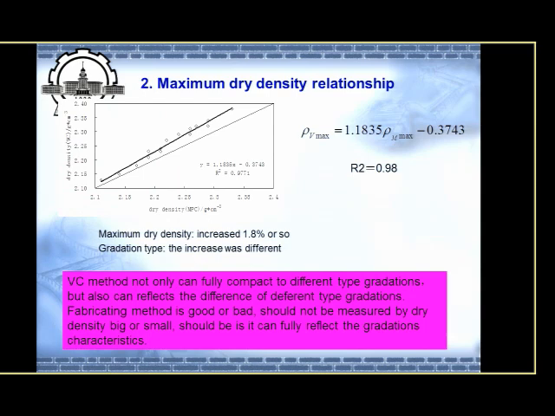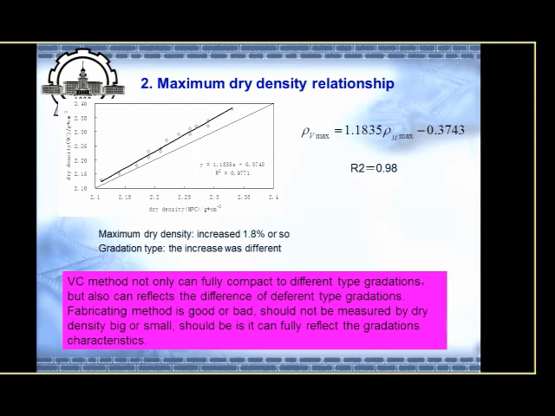This is the relationship of maximum dry density. It also has a linear relationship. We can find that the density increased by 1.8%, and for different gradations the increase was different. We find the VC method can not only fully compact different types of gradation, but can also reflect the difference between the types of gradation.